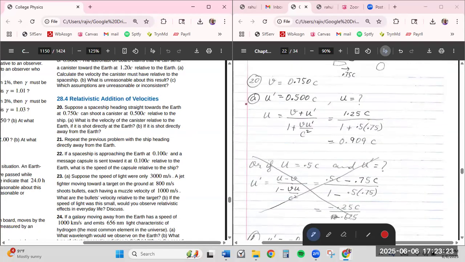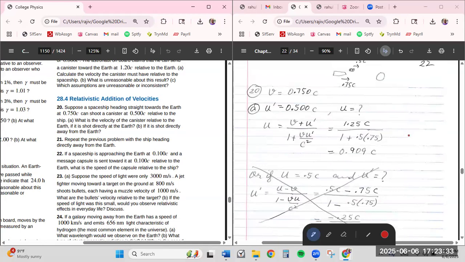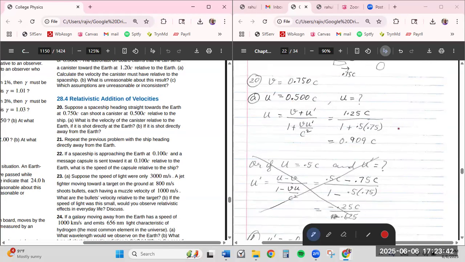As you can see, the main hurdle is to identify the symbols correctly. After that, it's just plugging into the equation. So 0.75 c plus 0.5 c is 1.25 c, divided by 1 plus.